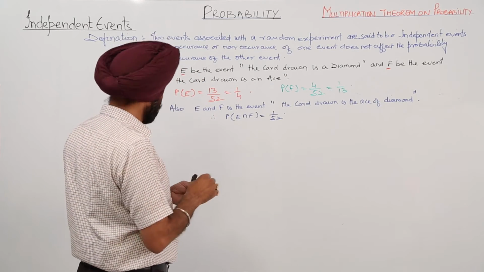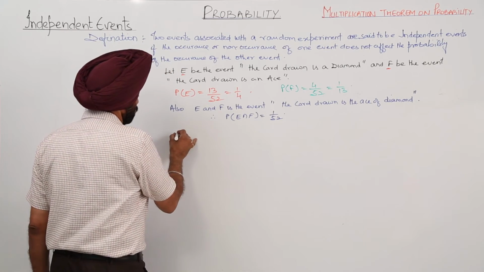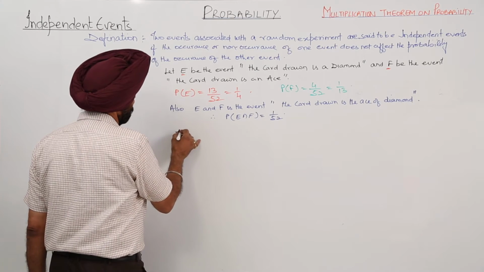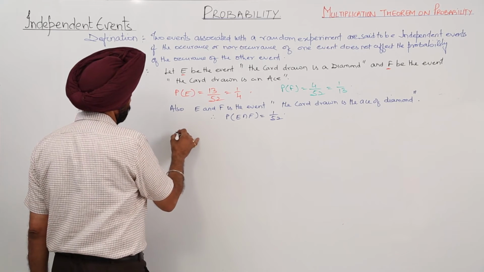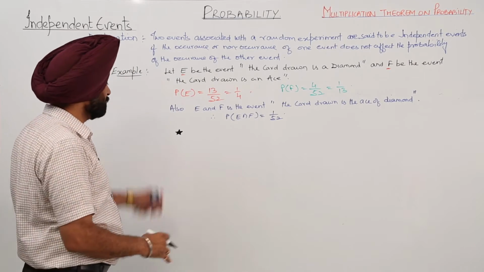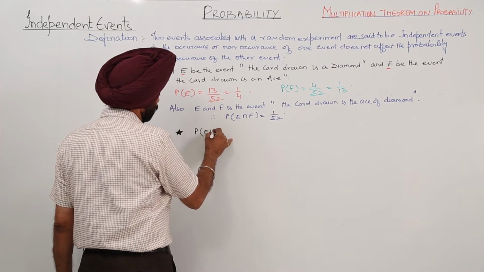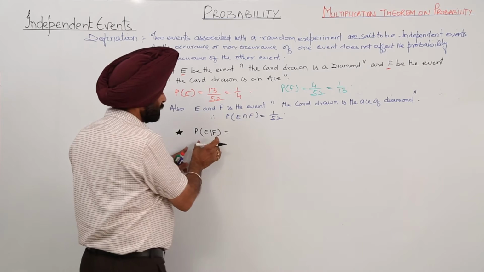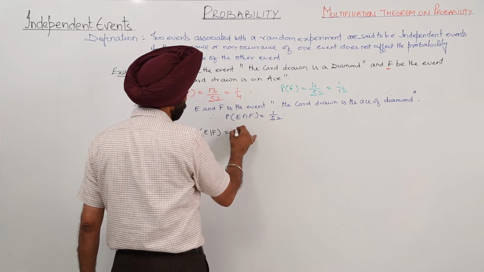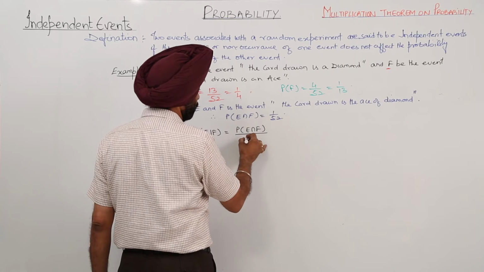Now just see what I am writing again in a new form. This is for you. I am just putting a star here. Now what does this mean? We have P(E oblique F). What is the result for E oblique F? Let's check. P(E and F) upon P(F), P for probability.